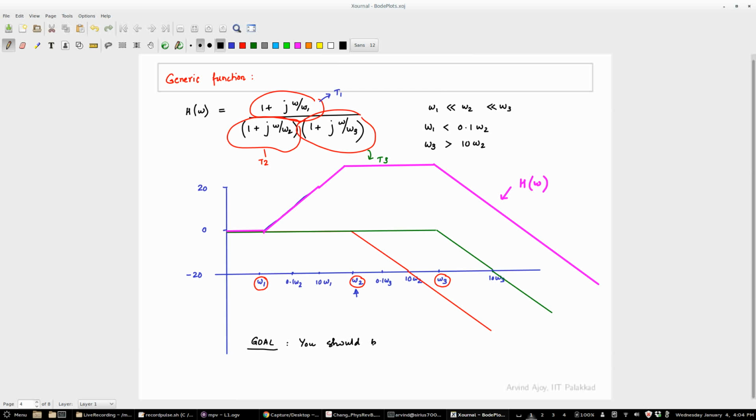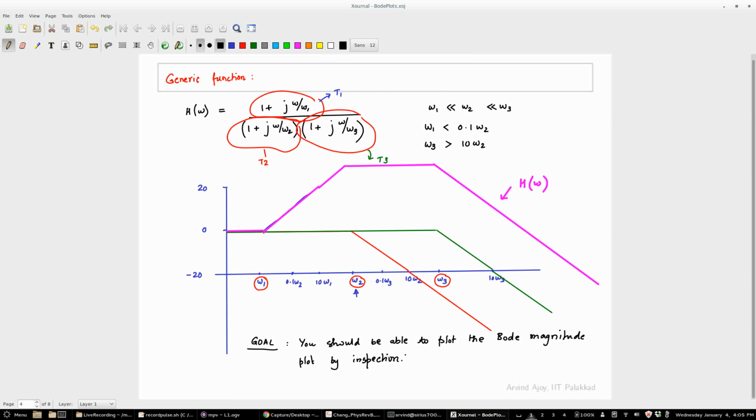So the final goal, which I hope was conveyed in this short lecture, is that you should be able to plot the magnitude plot by inspection.